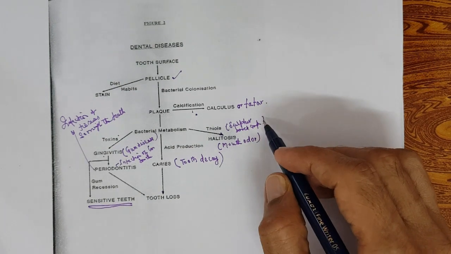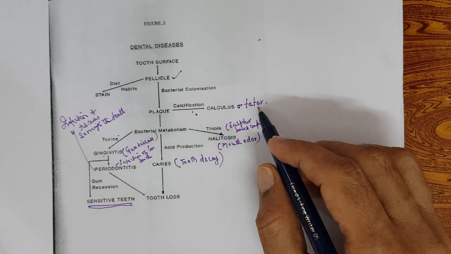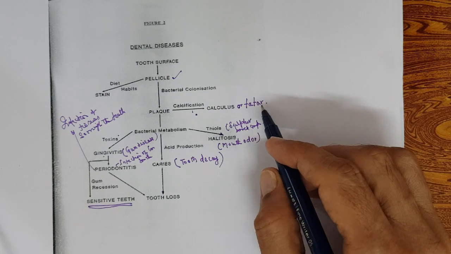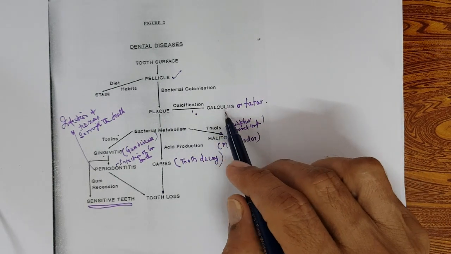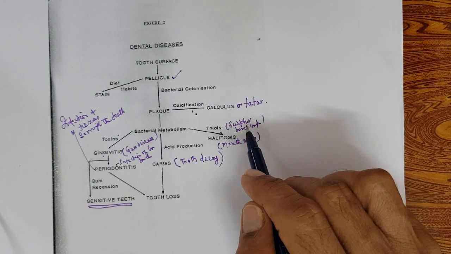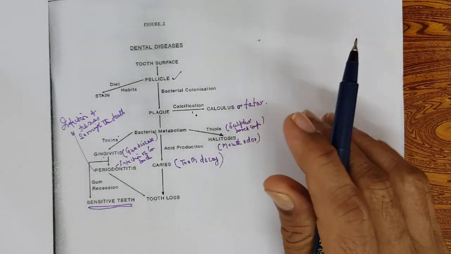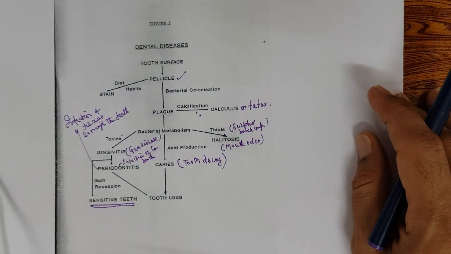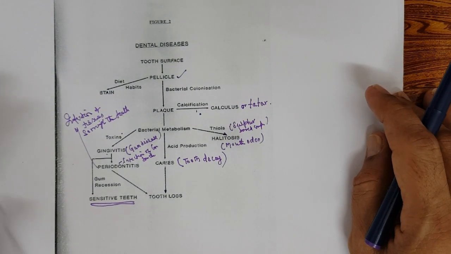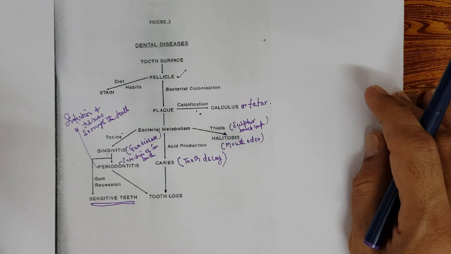Anti-tartar toothpaste is also there; it removes the calculus. This slide is very, very important. If you understand this slide, we will understand most of the things that we are trying to address in oral care through personal care products.